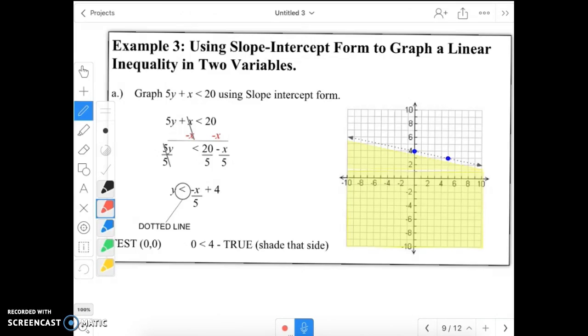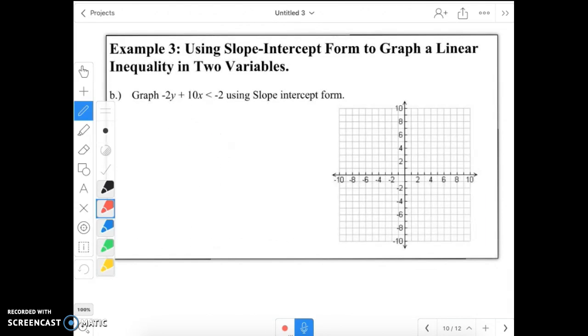If I gave you an example where we had less than, so you can see we have graph 5y plus x is less than 20. We want to change it to slope-intercept form, so you can see they went through the work and did that here. Now, because that is just a less than symbol, we have a dotted line. And again, I would plug in 0, 0 in this situation, and we would have 0 is less than 4 in the end. Since that's true, I would then shade that side that has 0, 0 on it.